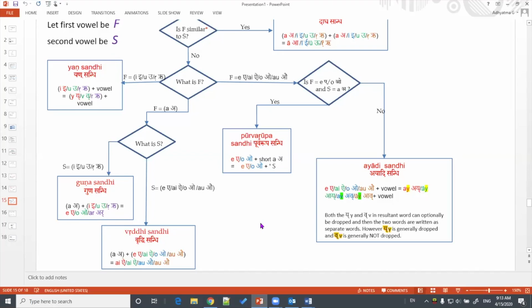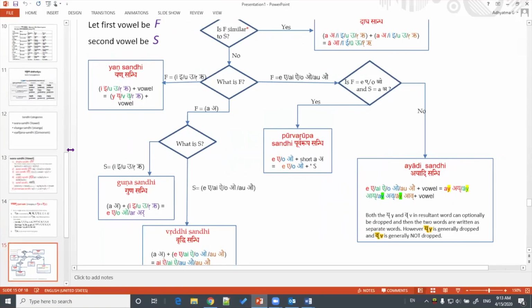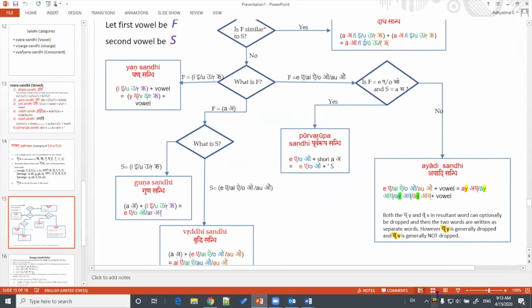Along with the class notes of the last class, also put together by Amit Baba, you will be able to understand the whole sandhi and do all the examples of the swara sandhi, the vowel sandhi. As I said, you don't have to worry about noting down the flowchart. It's there in the repository, so you can access it from there.